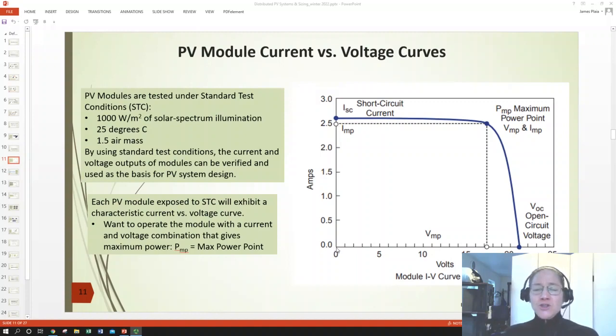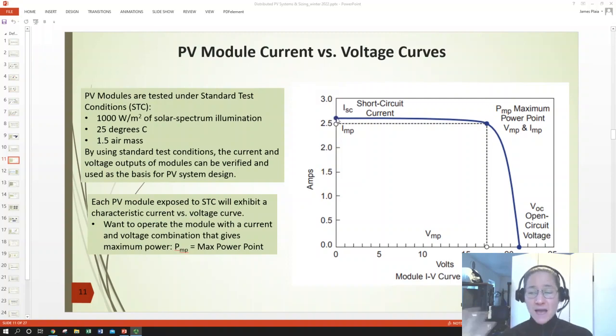So if we short the panel, so we basically take the positive and the negative end of the connector and just put a wire across it, clip it together, short it out, it will effectively supply no voltage because it's shorted. You would know this from some of your circuit studies if you've done that. But it will give you as much current as it possibly can.